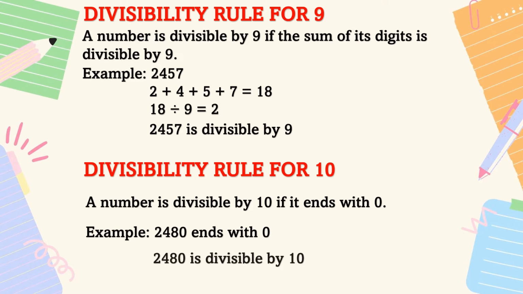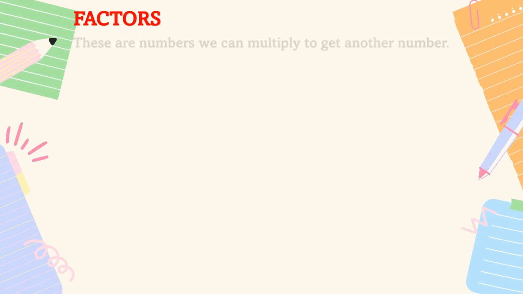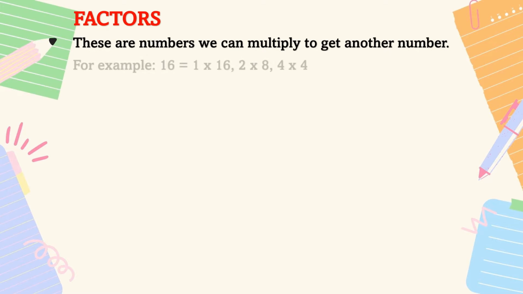But before that, we have to know what we mean by factors. These are numbers we can multiply to get another number. For example, we have the number 16. 16 can be a result of 1 times 16, 2 times 8, and 4 times 4.